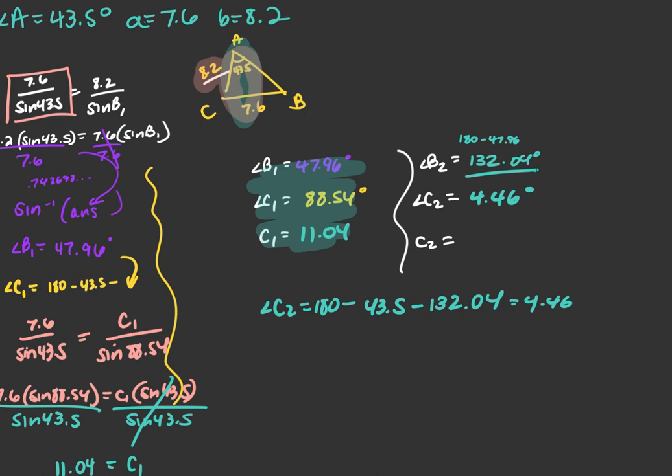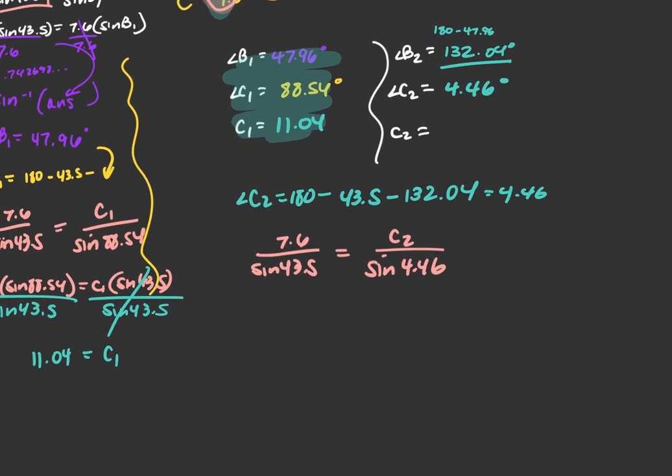But because it's positive, that means I'm going to continue on and find the remaining measurement from triangle 2, which is side C2. I still use the A's given to me at the beginning. So 7.6 over the sine of 43.5 equals side C2 over the sine of angle C2, which is 4.46. Then I cross multiply and divide.